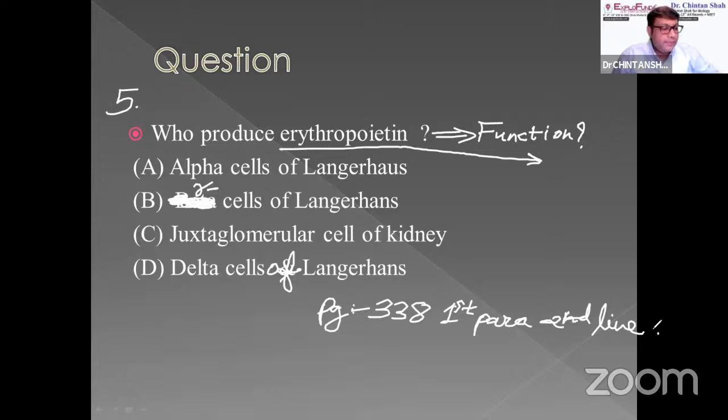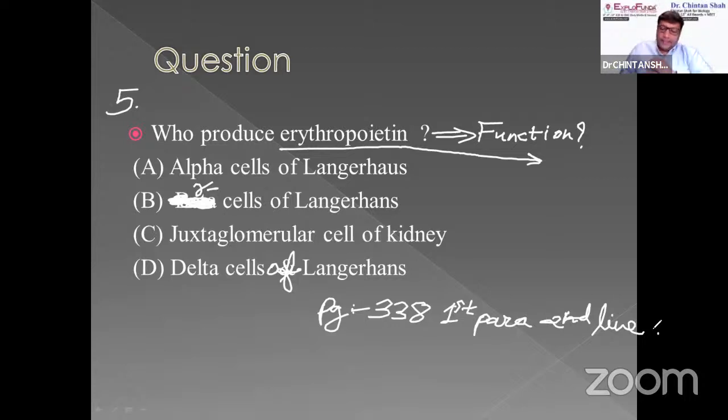So juxtaglomerular apparatus. Is there anything else which is secreted by the juxtaglomerular cell of the kidney? Can you tell me? Anyone? Page number 338, first paragraph, second line. This fifth one, go for it quickly. Please let me know.